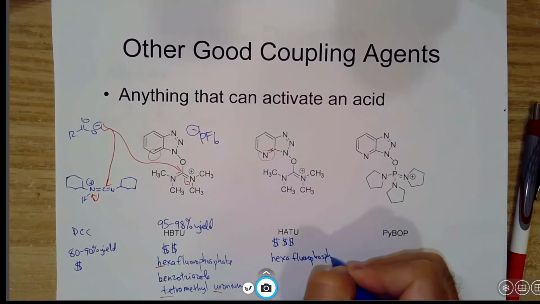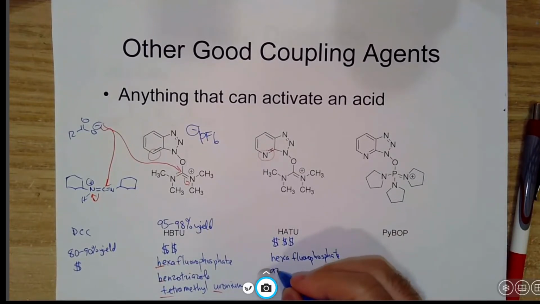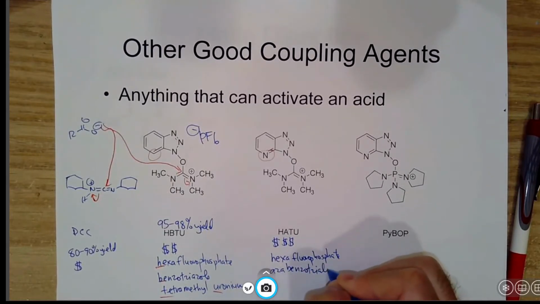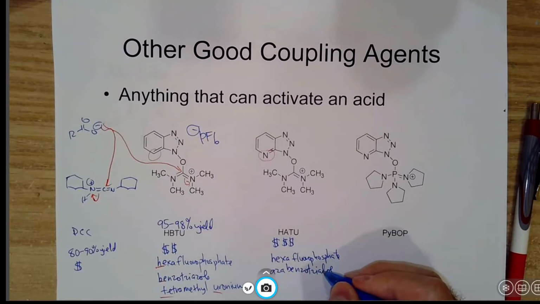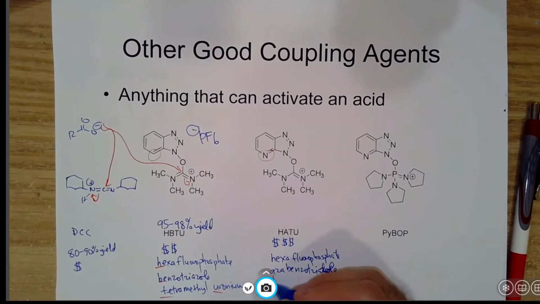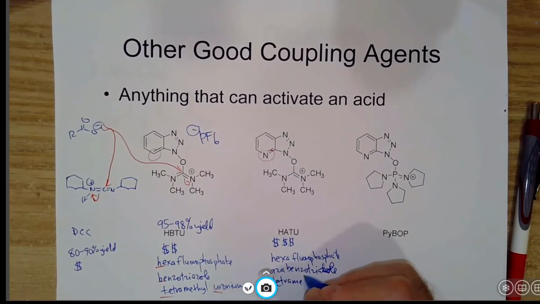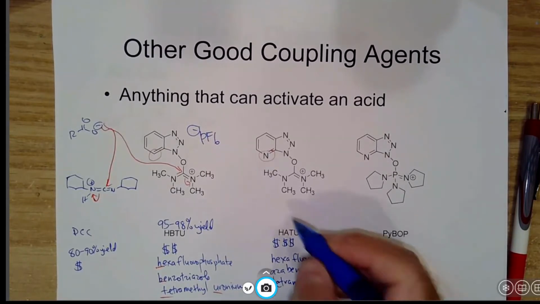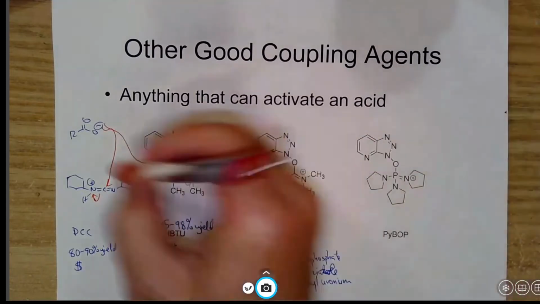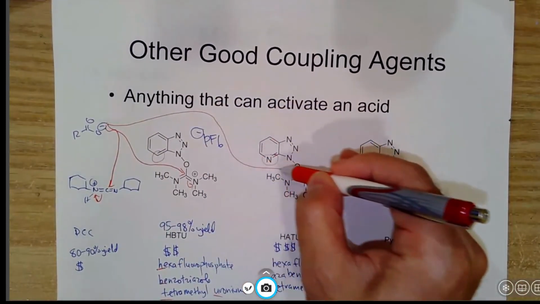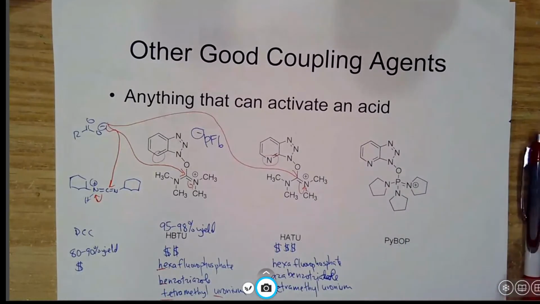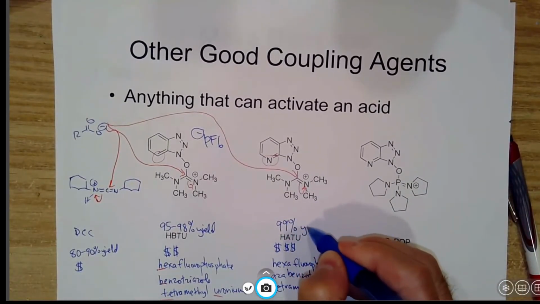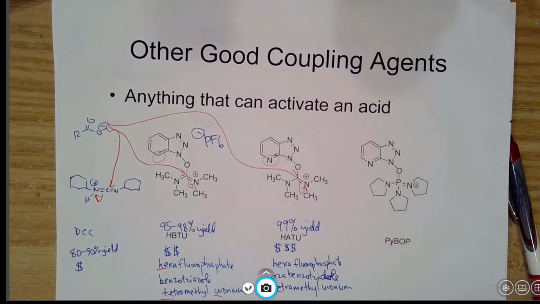And it stands for hexafluorophosphate aza, which means nitrogen, benzotriazole, tetramethyluronium. Okay, again, if you think of how this will get activated, this will react here in an analogous way. And the yields for this one are even better, around 99%. So you get slightly better coupling efficiency.